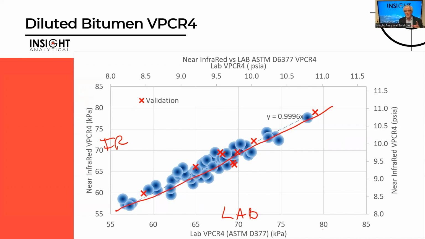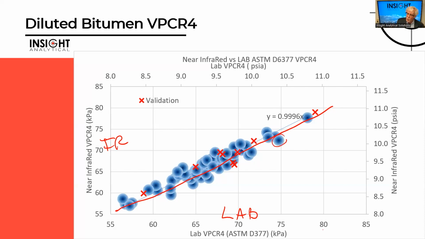The blue dots, I made them kind of big and fuzzy to show what the error of plus or minus 1 kPa would look like, because there's error in the lab method. The lab method really says it's only good to 2.3 kPa repeatability. So when you see that they don't match exactly with the lab, you don't know, well, is that because the lab was out by a little bit or the IR was out by a little bit? What was the real value?